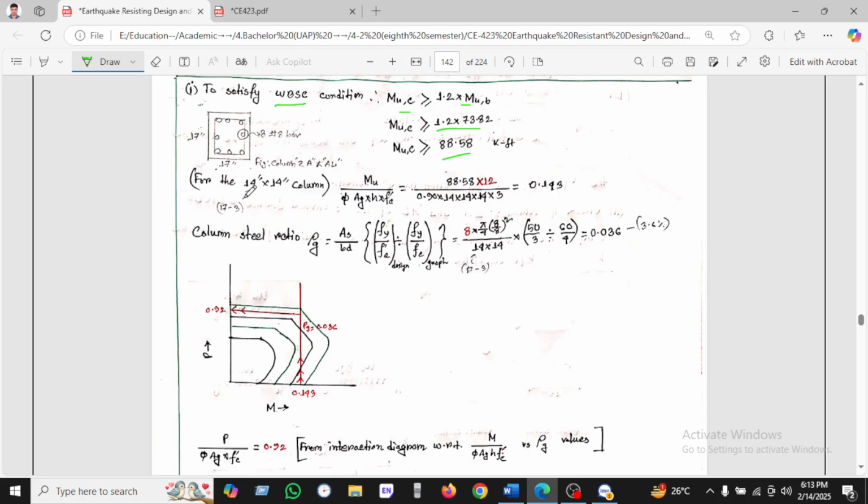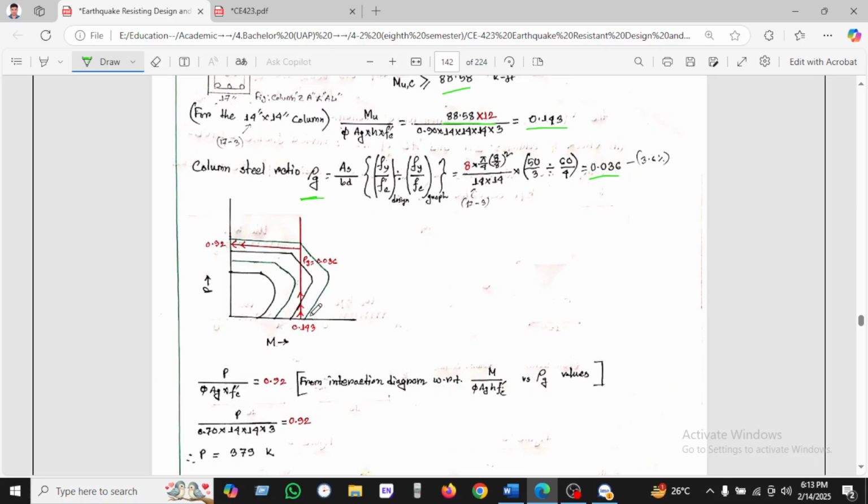Now for the 14 by 40 column, we put in this value, 88 into 12, and found 0.143, and the steel column reinforcement ratio will be 0.03.